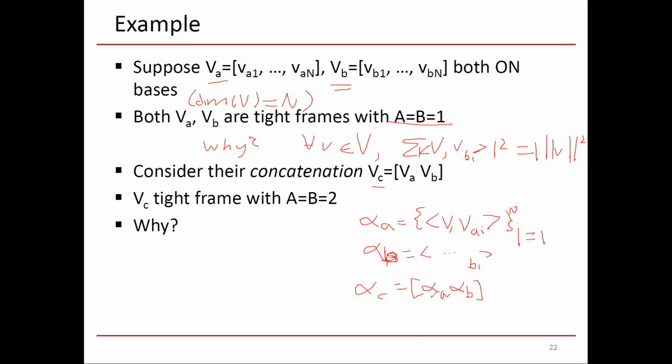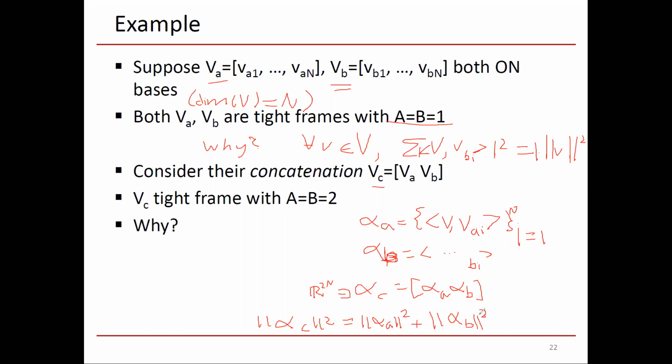And now I'm saying, well, what is the energy of alpha C? Again, alpha C is a vector of length 2n, so it is in R^2n. So the energy of alpha C is equal to the energy of alpha A plus the energy of alpha B. All we did here is concatenate vectors, and when we're calculating energy, we sum the squares.